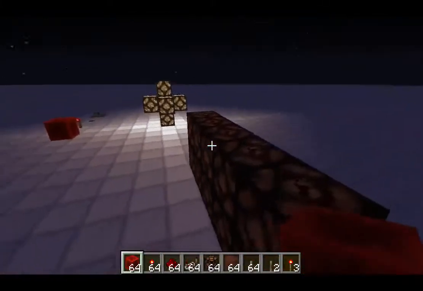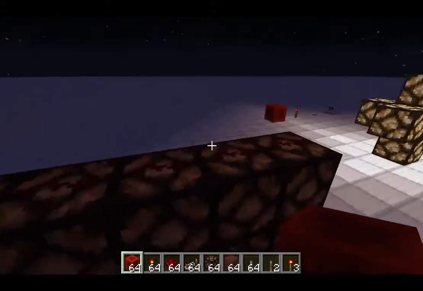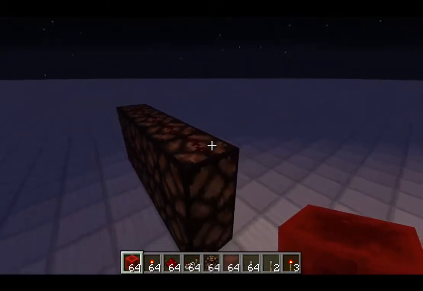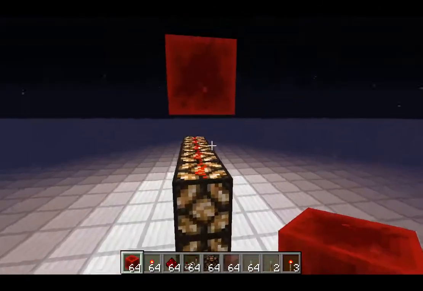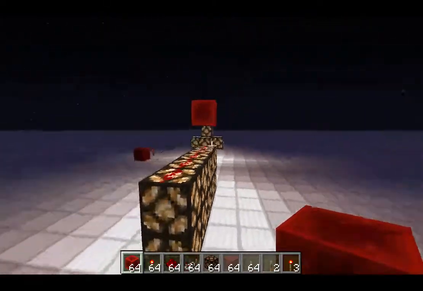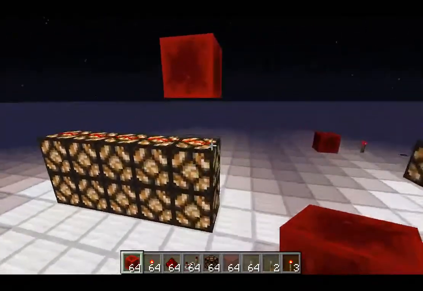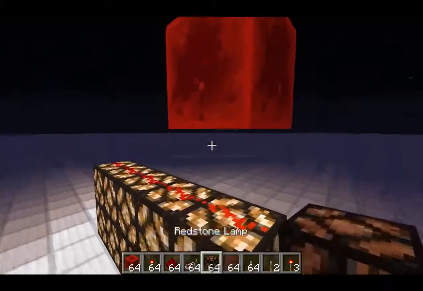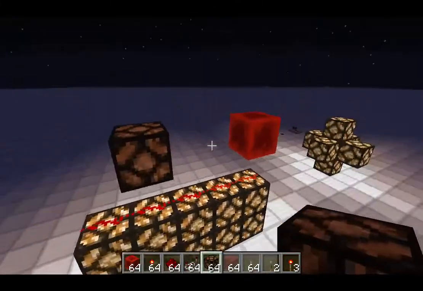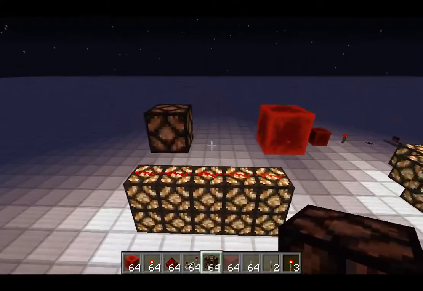Now, if for some reason the redstone is off and there's a signal directly above it, it will still receive that power downward. However, if we were to put a lamp above this redstone, you would see that it does not come on.